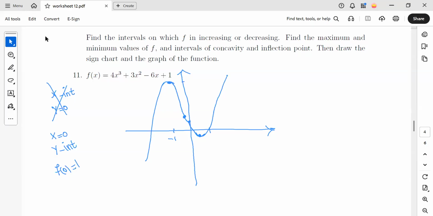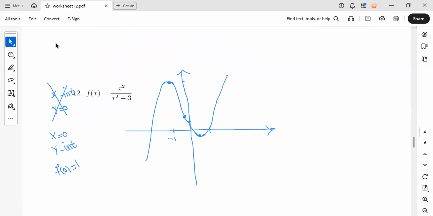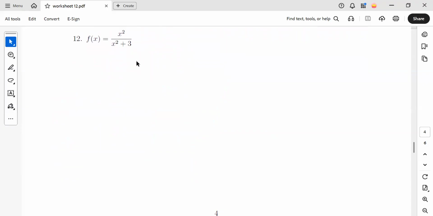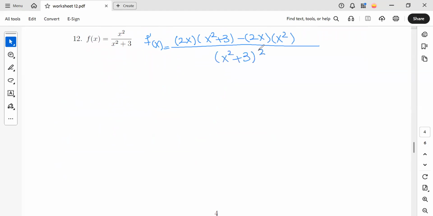Okay, let's move on to the next one, which is number 12. For finding all these points here, we are going to find f prime of x. Again, quotient rule: it will be 2x times (x squared plus 3) minus 2x times x squared, all over (x squared plus 3) squared.